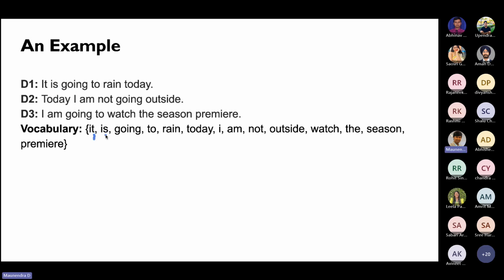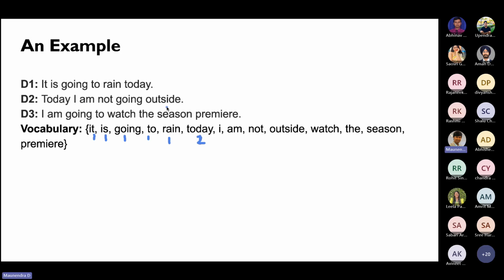Then similarly for going to rain today, document frequency becomes 1. Then we take D2. Today is a word that we get and we probe here. It is there. But the count of 1 was from D1; this is document D2 where I am seeing today for the first time. Now I should increase it to 2, because today is appearing in 2 documents.